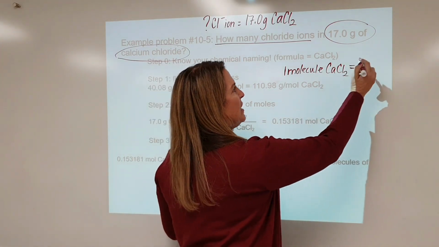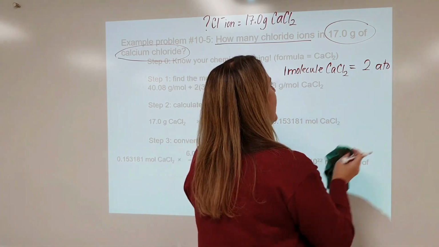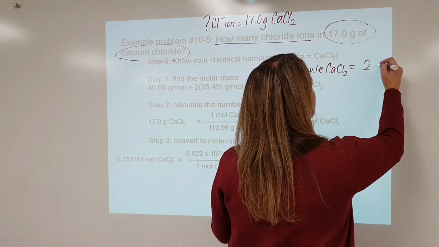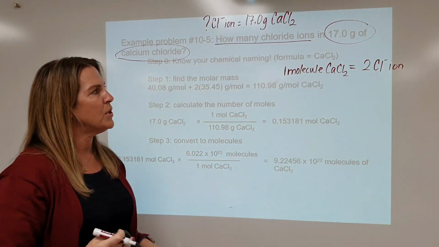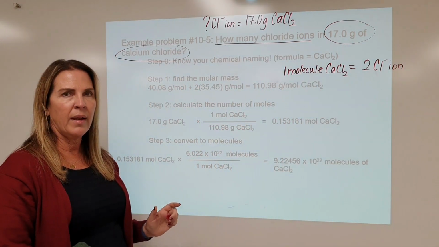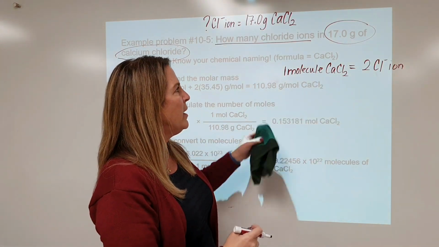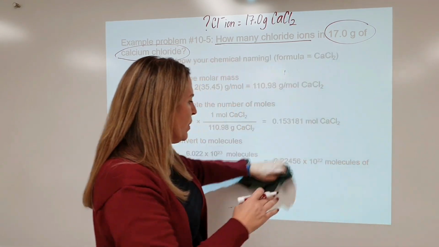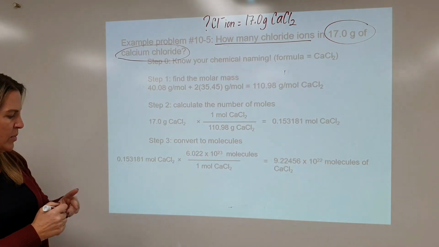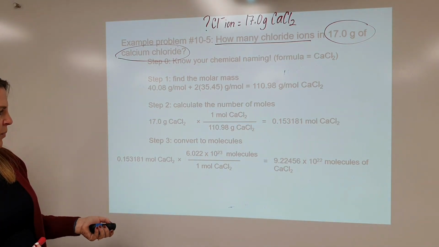I hope that you can see 2 chloride ions. That's it. Because they're not atoms, they're ions. Is everyone okay with that? You could also say that there's 1 calcium ion in 1 molecule. So I just want you to understand that there is a relationship there in terms of numbers of things that's present in the chemical formula.